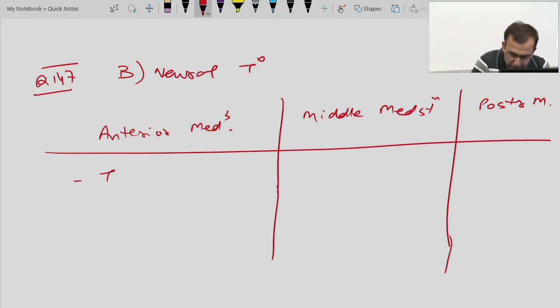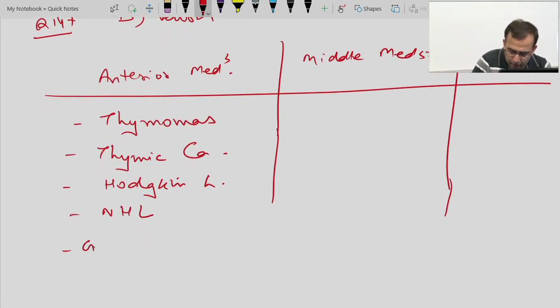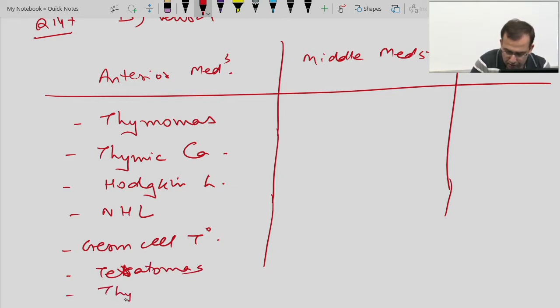The anterior mediastinal lesions are all the thymomas, thymic carcinoma, Hodgkin's lymphomas, non-Hodgkin's lymphomas, germ cell tumors, which also include teratomas, and of course the thyroid lesions.